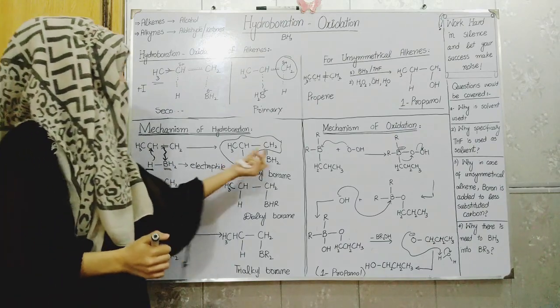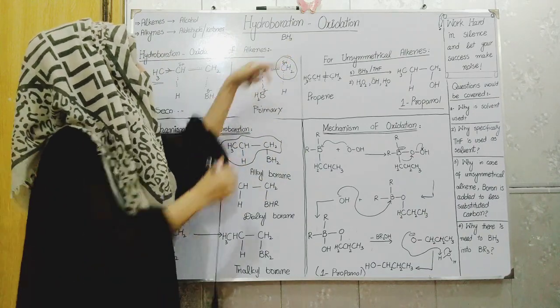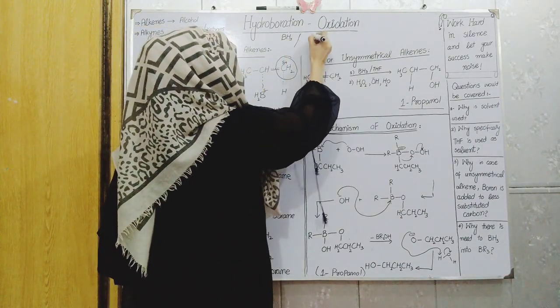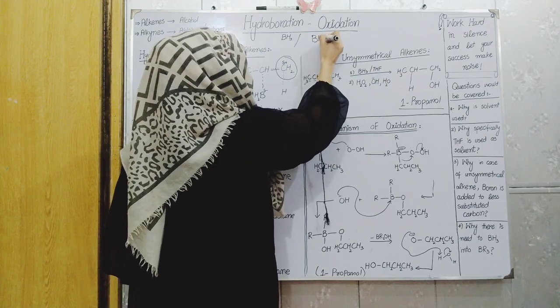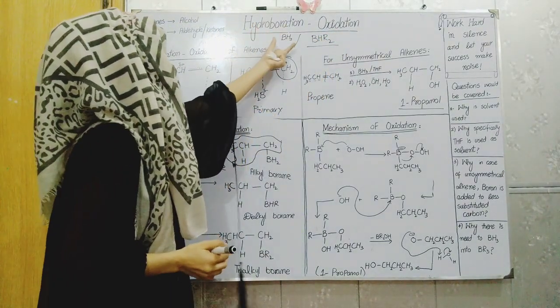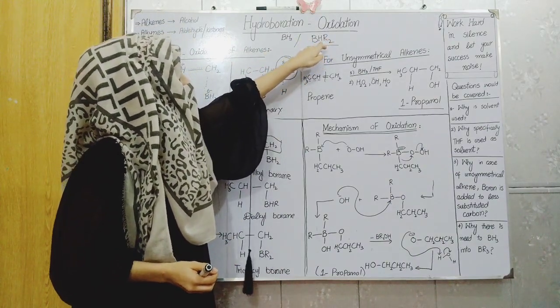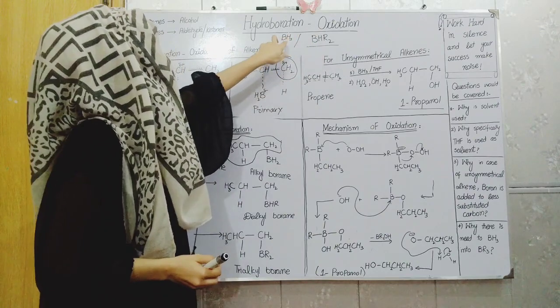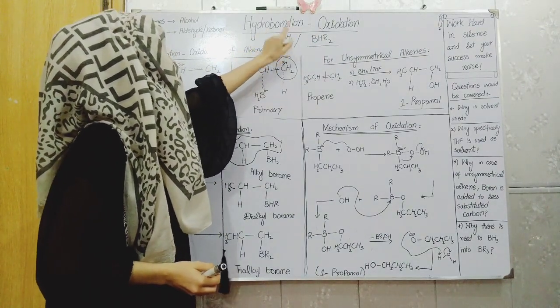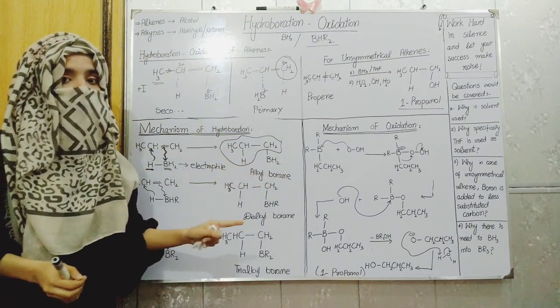This is necessary to replace all the hydrogens of the borane. You can also take dialkyl borane for the hydroboration. And if you take dialkyl borane, you will replace this hydrogen with an alkyl group. If you take borane, then you will have to replace all these three hydrogen atoms with alkyl groups.